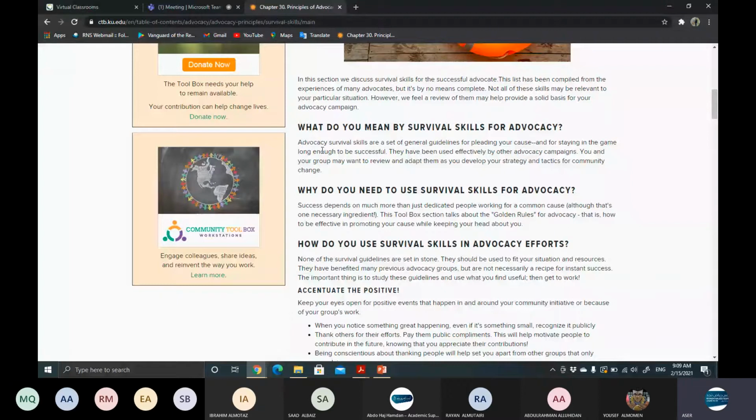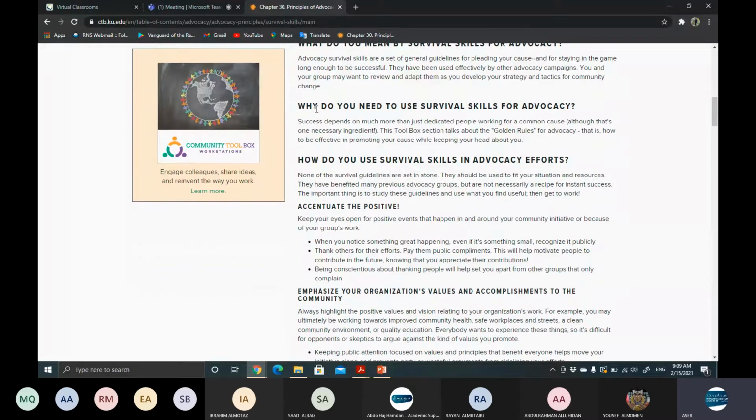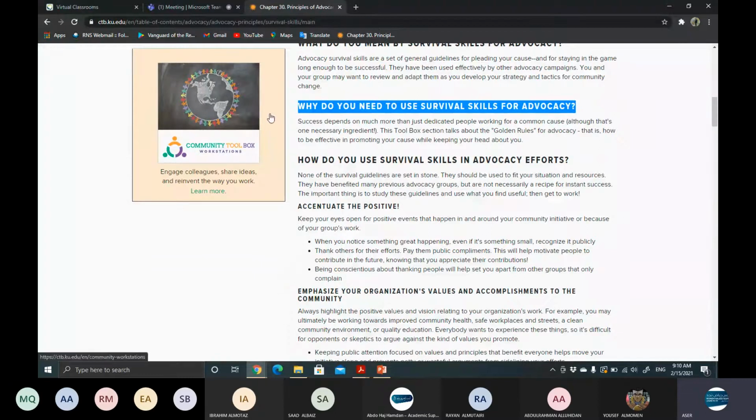First, you determine the problem, then you set some planning for the problem, and later start to carry out those plans. And of course, while doing so, you need some skills to keep you on track, to keep you performing the plans that you have already made. So why do we need the survival skills?